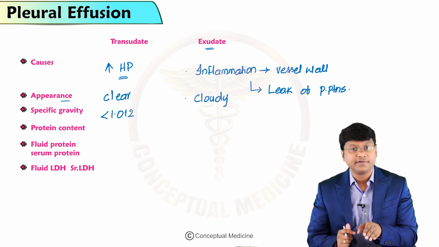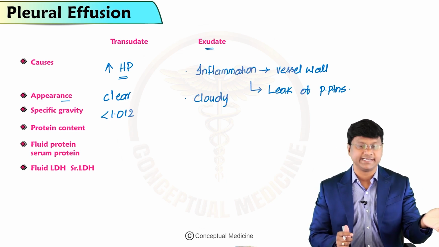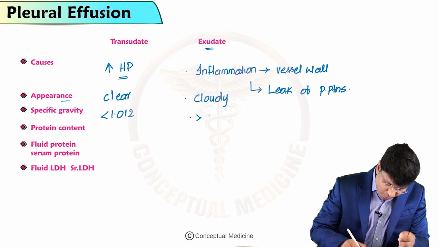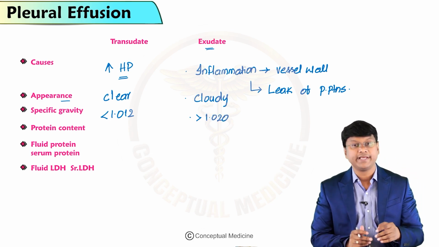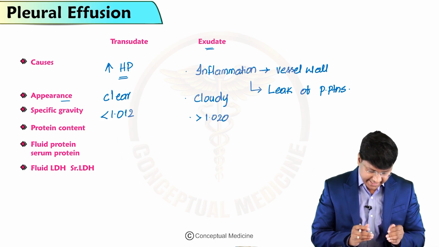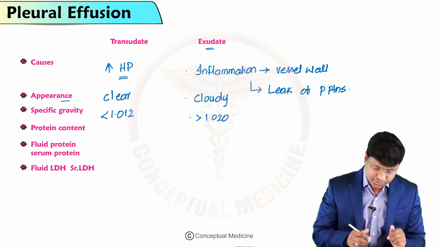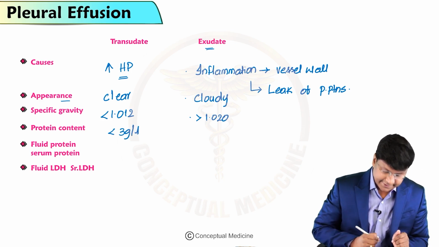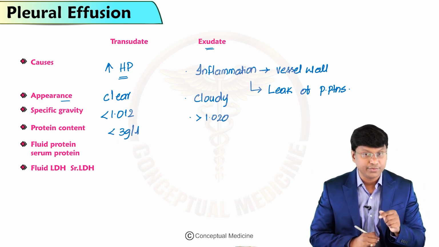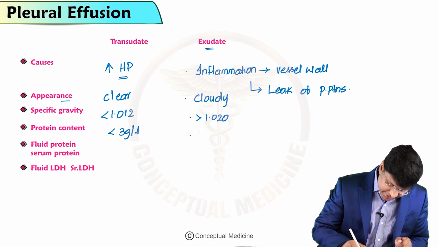Whereas in exudative, the specific gravity is slightly on the higher side, that is more than 1.020, right? More than 1.020. And if you take the protein content, in transudative it is less than 3 grams per liter, whereas in exudative pleural effusion, it is more than 3 grams per liter.